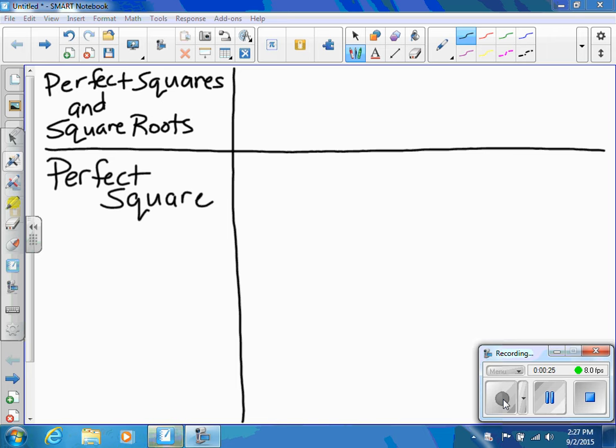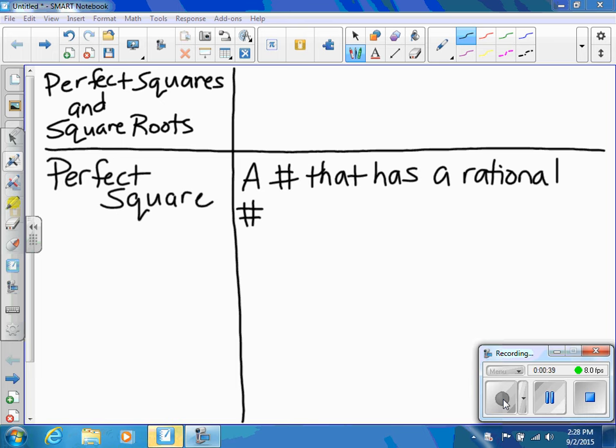But by definition, a perfect square is a number that has a rational number as its square root. Right?